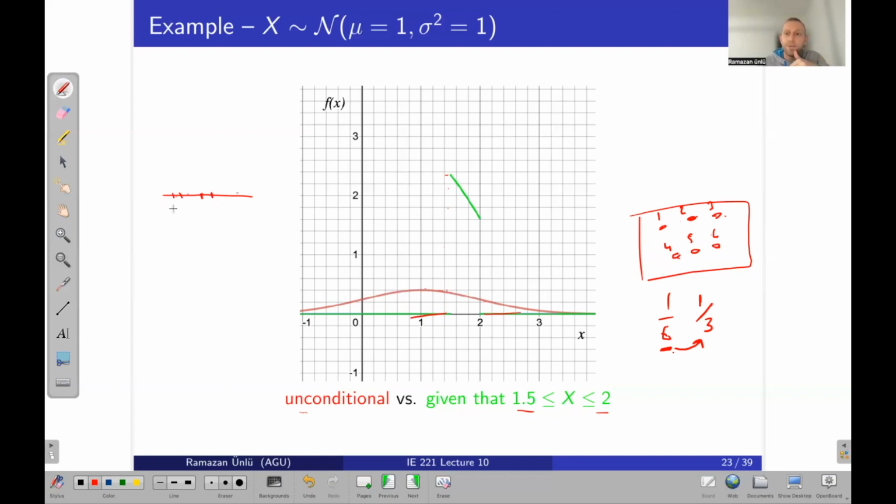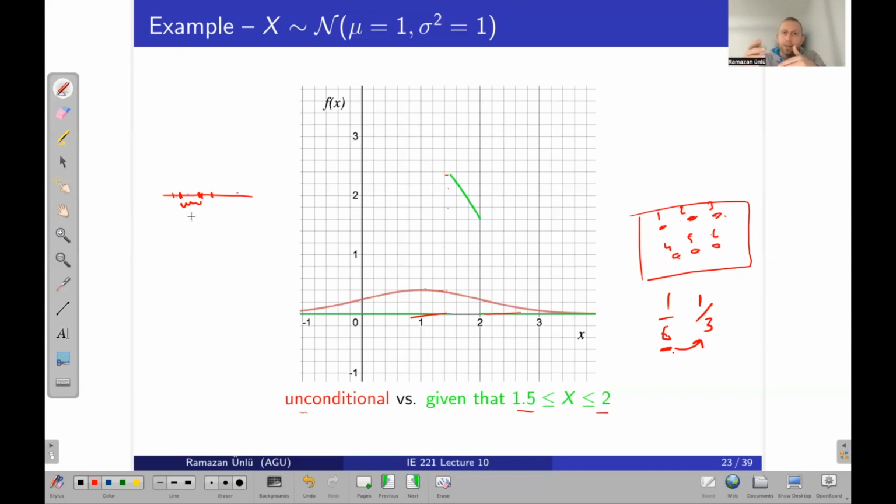Because if I don't give you extra information, you have to evaluate all possible values within that line. But if I tell you the number I chose is within this range, your chance will increase, because I have made your sample space, your options, smaller.